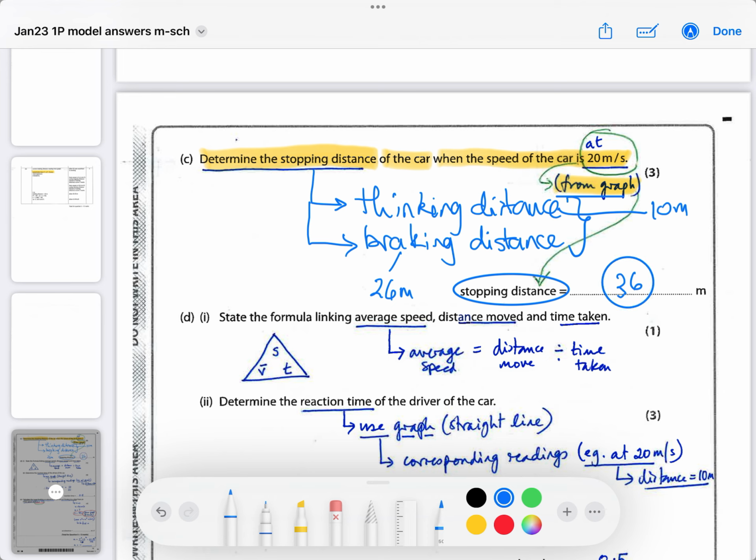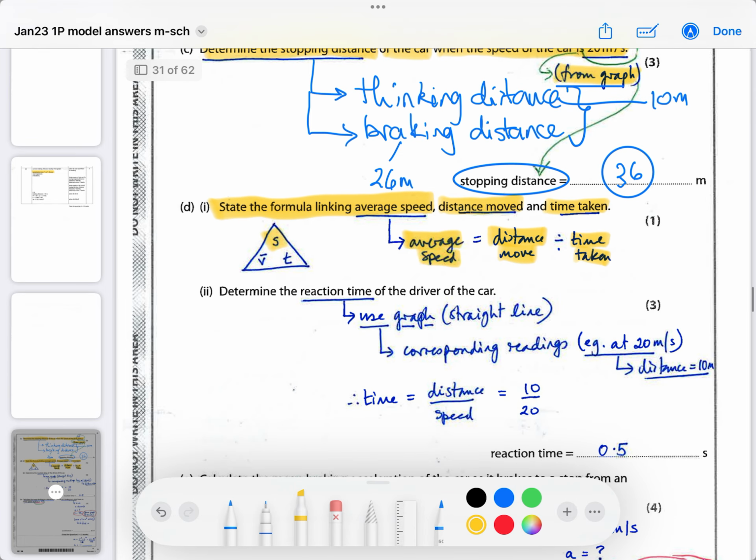The next bit of the question wants you to state the formula linking average speed, distance moved, and time taken. Average speed is the total distance moved divided by the total time taken. Normally for distance we use S, it's commonly used in physics.